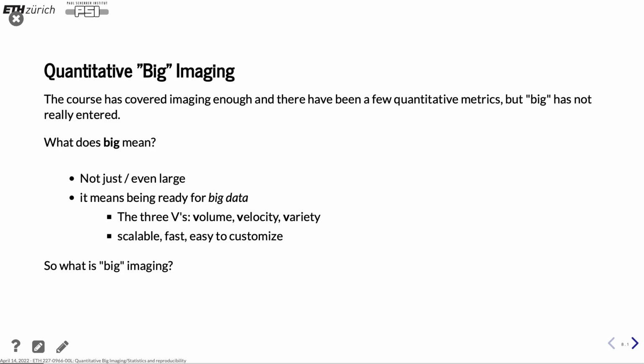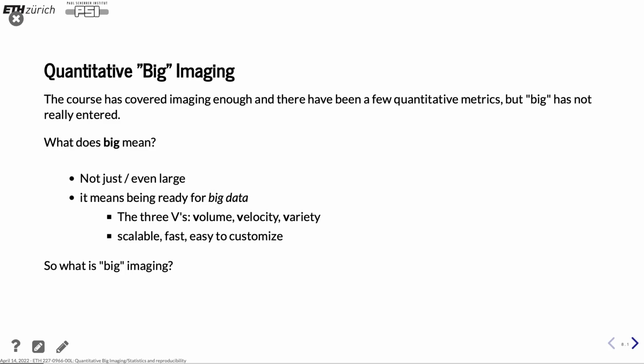Otherwise, you can probably wait until the next century until you have your data processed. And another thing is that your processing should be easy to customize so that you don't write a very narrow implementation that only works for your specific task right now, but maybe think a little bit wider and do it in a way that you can actually use it later.